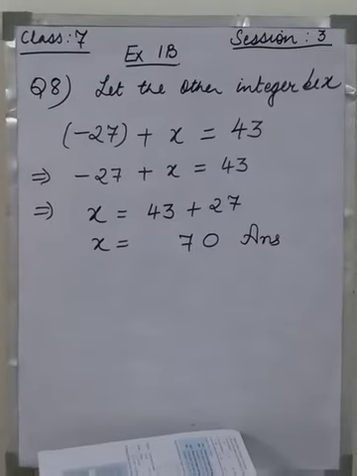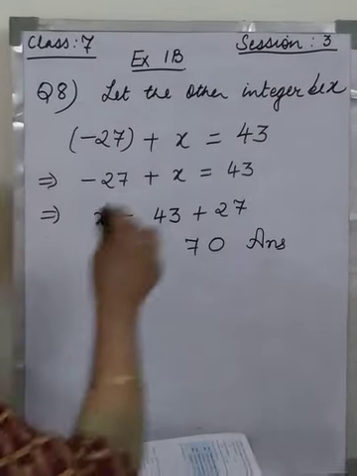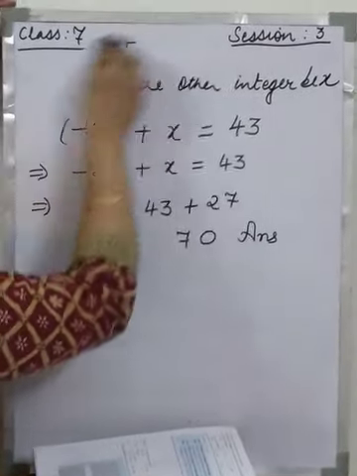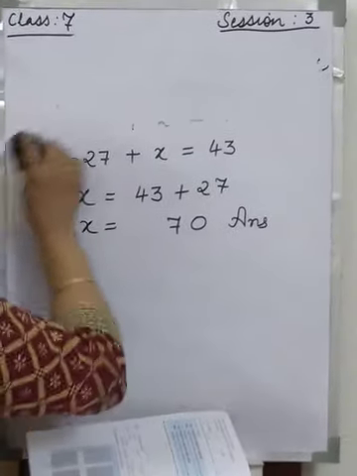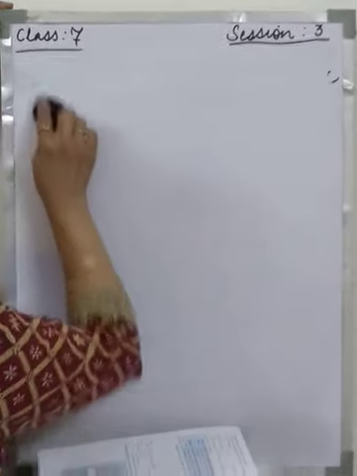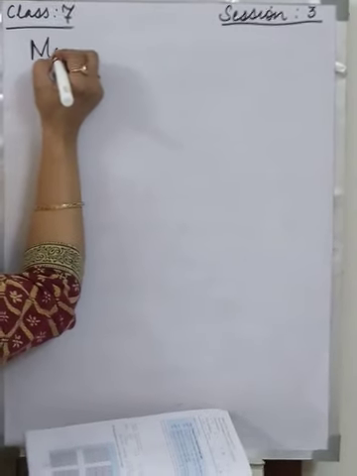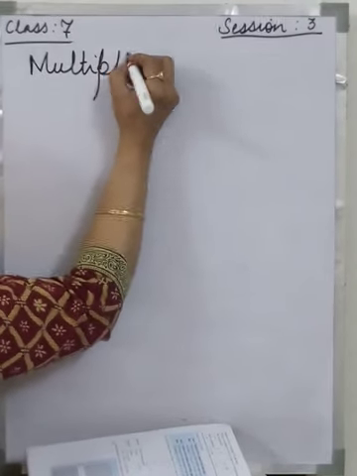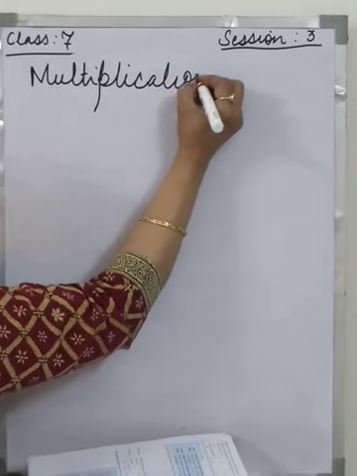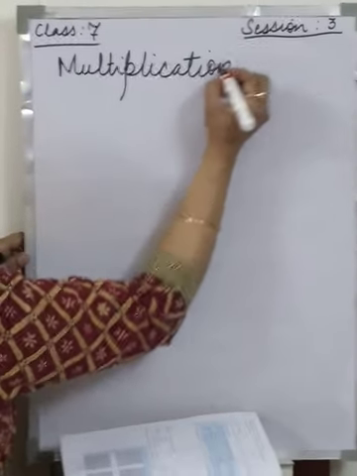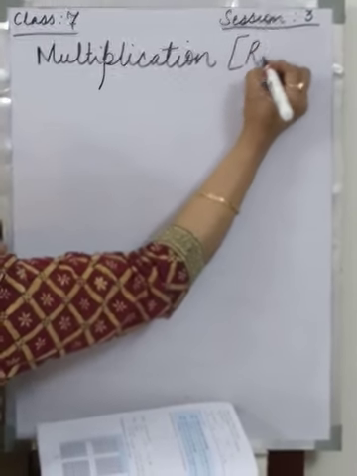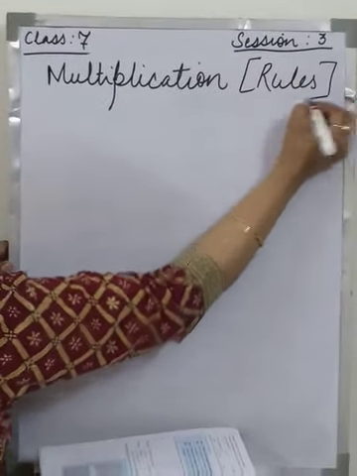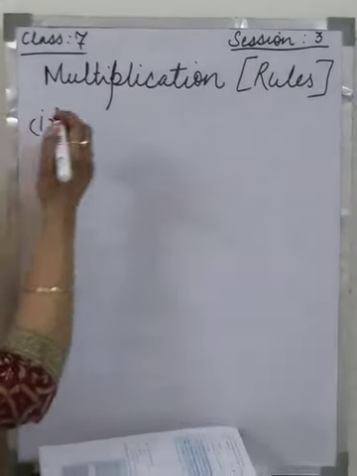Let's see what the rules for the multiplication are. See, firstly we put the sign.